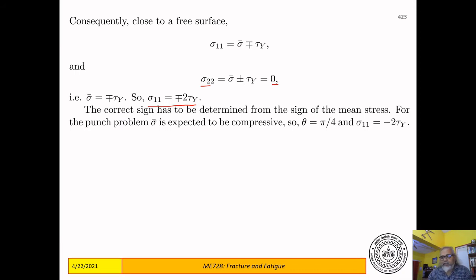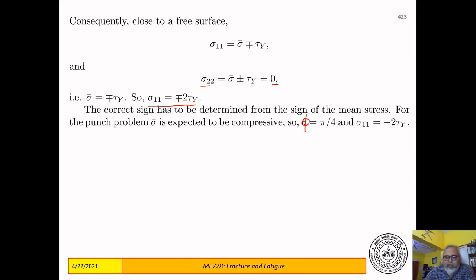So I have to look at whether the mean stress is compressive or tensile, and based on that we will be able to determine the sign of phi that we need to choose.